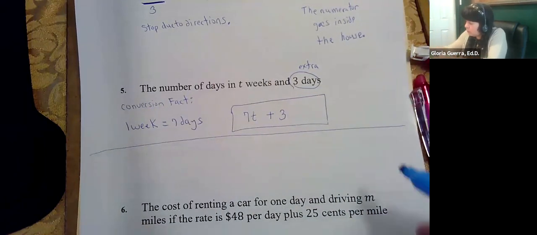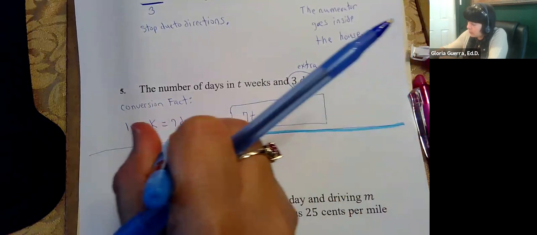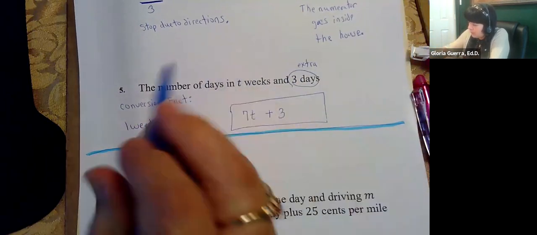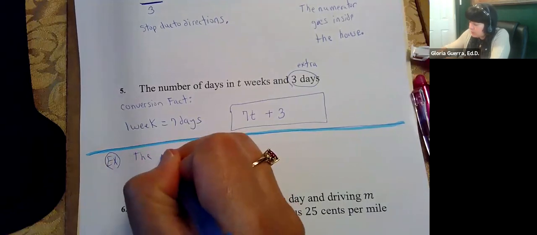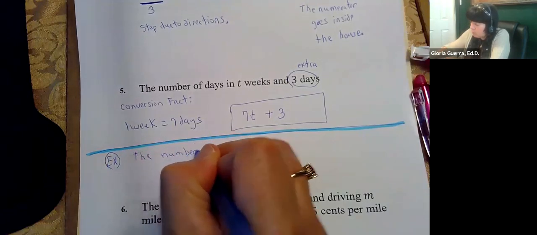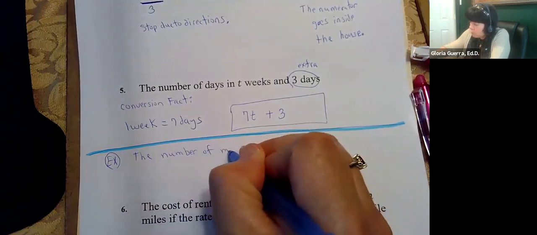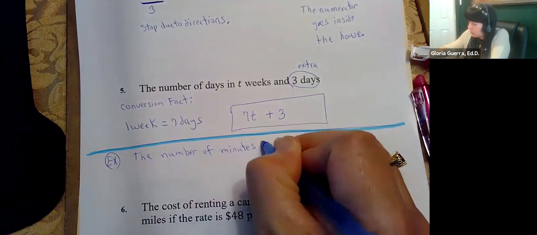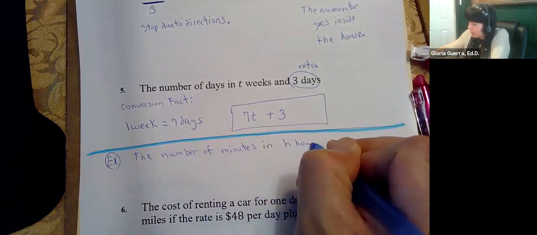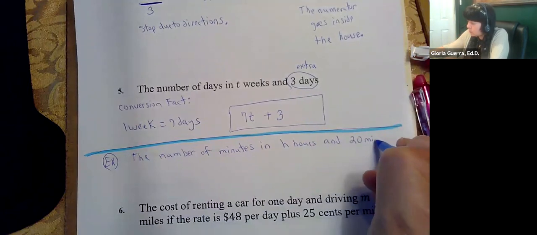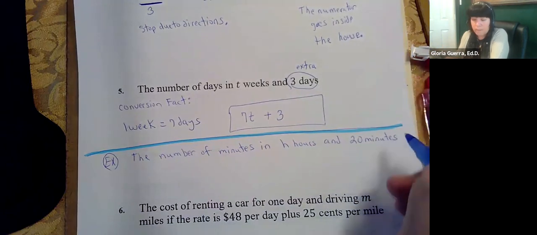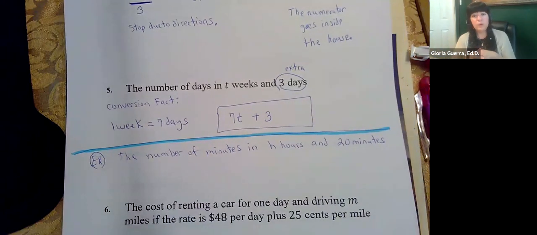Okay, another example of that type of work. Let's say you have the number of minutes in H hours and let's say you had 20 minutes as extra. So the number of minutes in H hours and 20 minutes.